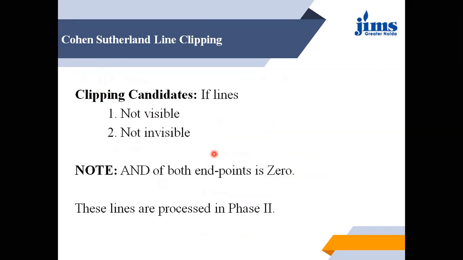If they are not 0, then we will check whether the AND of both endpoints is non-zero or not. If it is non-zero, there is no need of clipping. I will explain that in the next slide, because we have to take an example of the third one also.